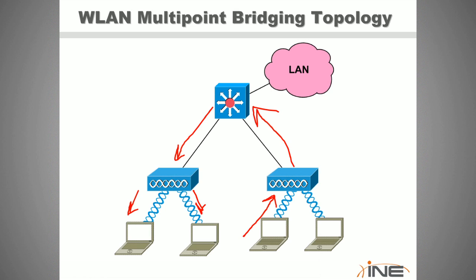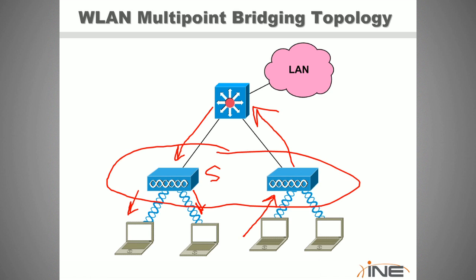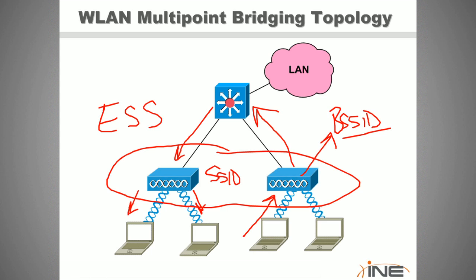Now, if these two access points here were sharing the same SSID, this is what we would consider as an extended service set, an ESS. Now, each of these APs would have a unique BSS ID, which is the basic service set identifier, which again is basically their MAC address.